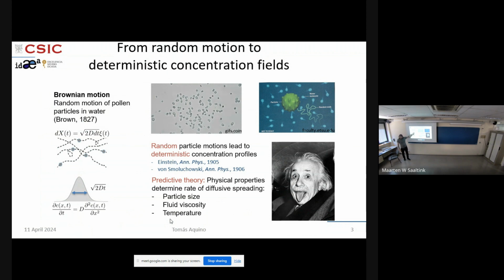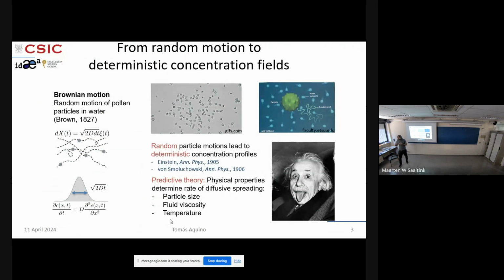When you take collections of these particles, even though the individual particles move randomly, the distribution of where they are, which is essentially the concentration field, right, or related to the concentration field, is deterministic in the limit of large numbers of particles. So we can make deterministic predictions out of random things, using things like the central limit theorem and whatnot.